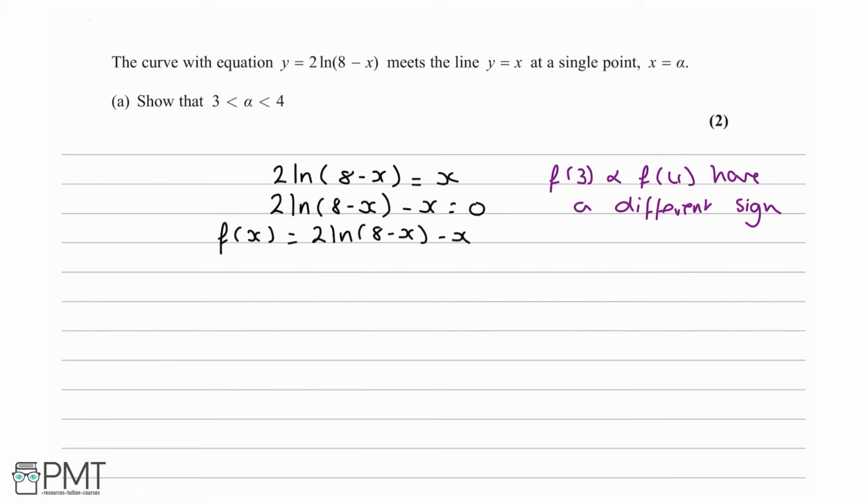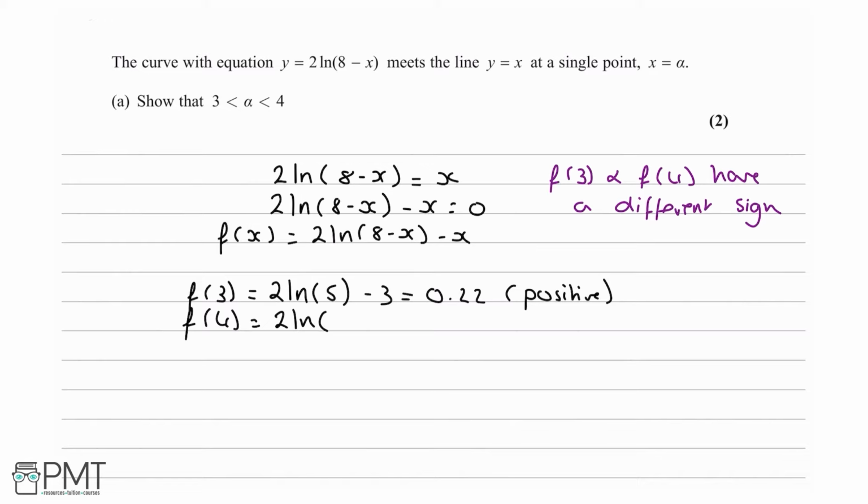So let's solve it. f(3) equals 2 ln(8 minus 3), which is 5, minus x, which is minus 3, equals 0.22. In brackets here I'm going to write positive. Now underneath, f(4) equals 2 ln(8 minus 4), which is 4, minus x, which is minus 4, equals minus 1.23.